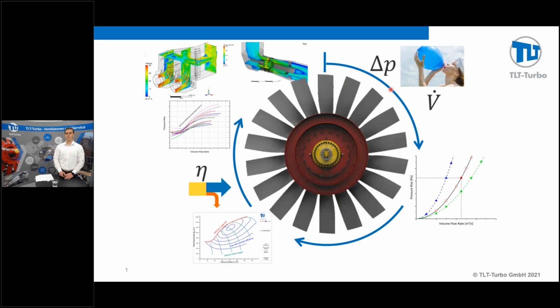Then proceeding to performance curves of fans, and how a fan can adjust to these different kinds of operating points or conditions, with a short definition of fan efficiency, and at the end, an outlook of optimization potentials.